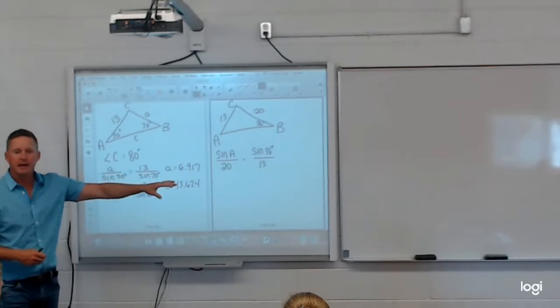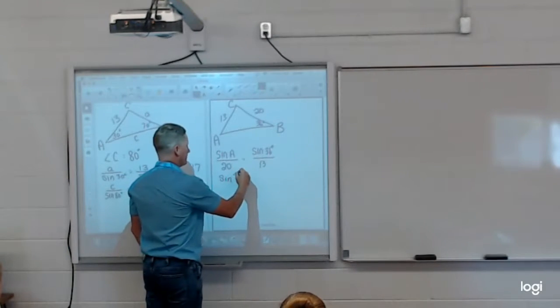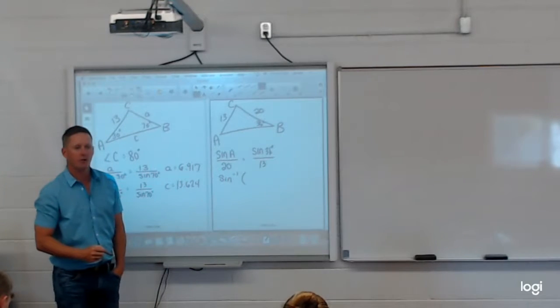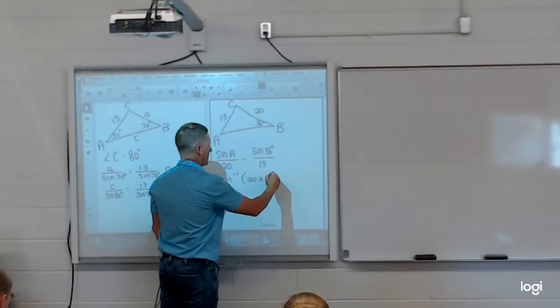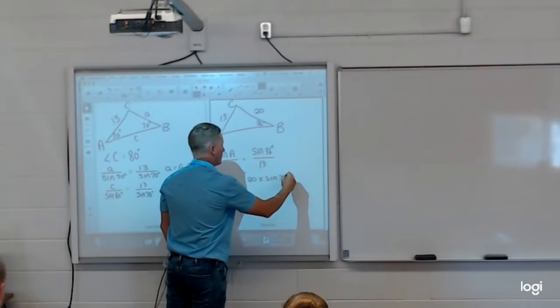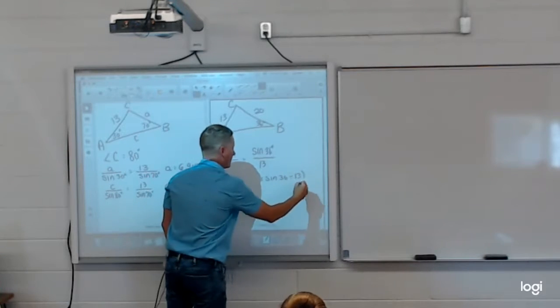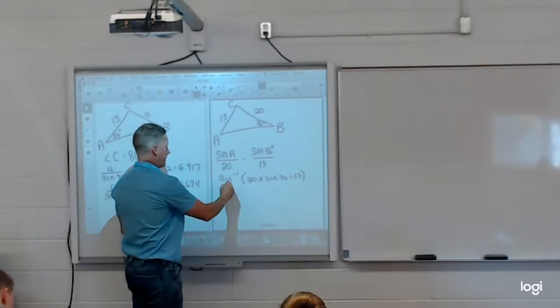Take your second function sine, so go sine -1. Open a bracket, you have to do that. If it doesn't do it for you, open your bracket, and then go 20 times sine 36 divided by 13 and close the bracket. Okay? So let's find out what angle A is.